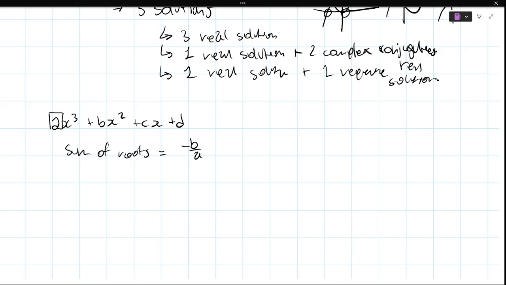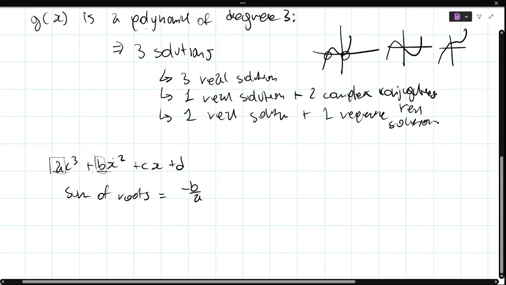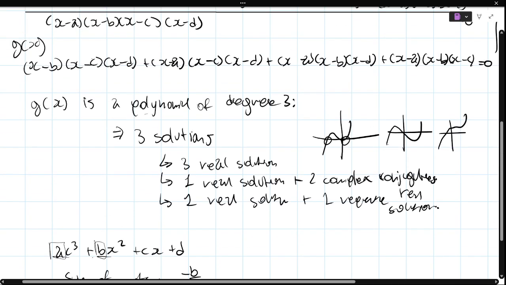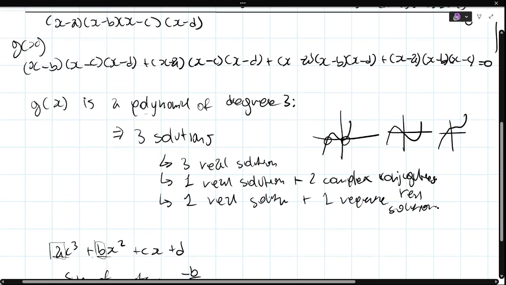So what we want to find is what a is and what b is. This is not the A and B in the problem. I should have probably used different letters. But yes, we need to find the coefficient of x cubed.